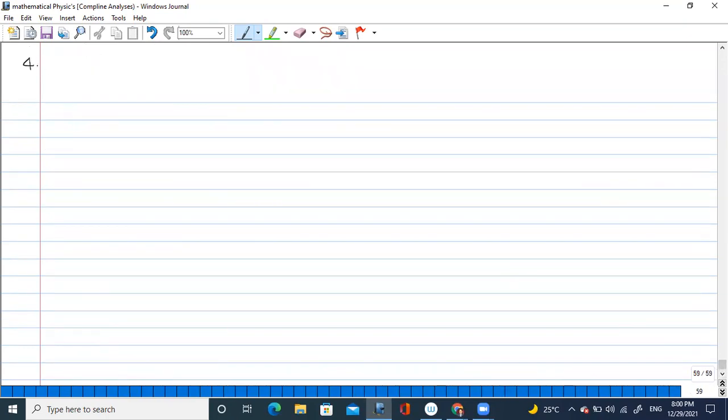Okay. Number 4 method is also there. That method is for a special type, for functions like phi z divided by psi z.